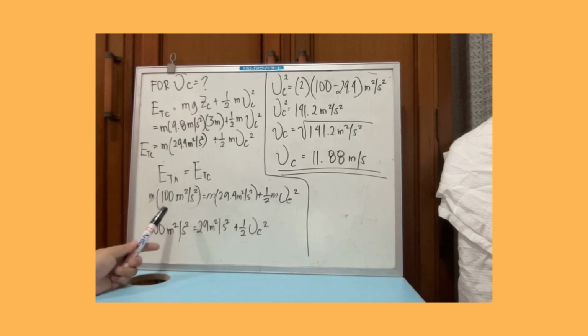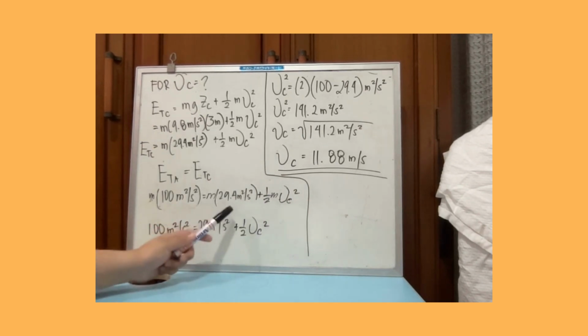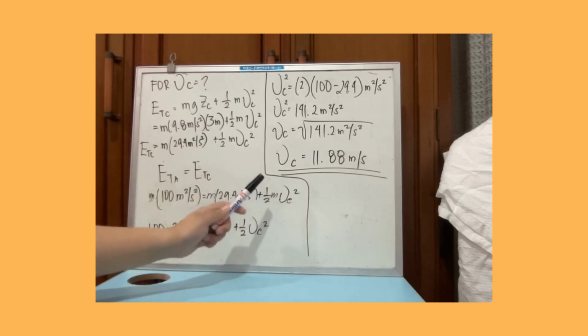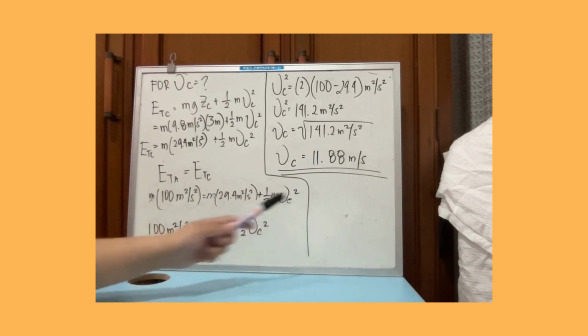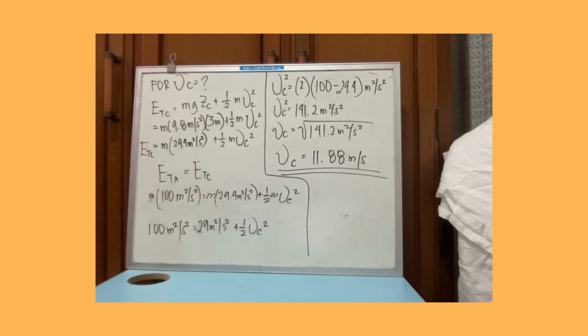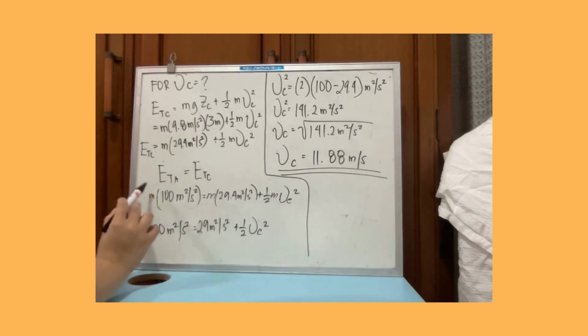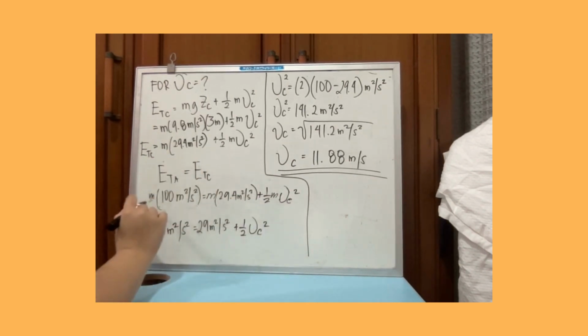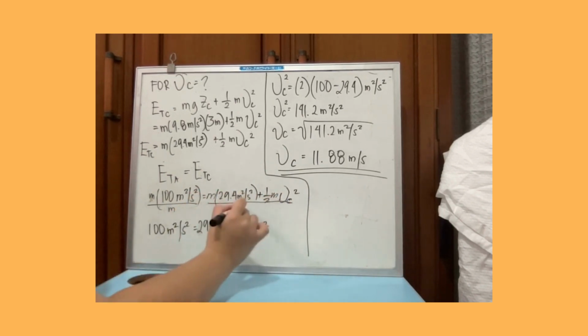Mass times 100 meters squared per second squared is equal to mass times 29.4 meters squared per second squared plus 1/2 times mass times speed sub C squared. Para makancel natin yung mass, need natin i-transpose si mass from sub A sa side ng sub C. So, divide lang natin yan sa M. Kasi ganun mag-transpose.